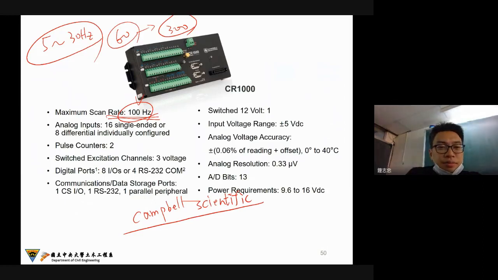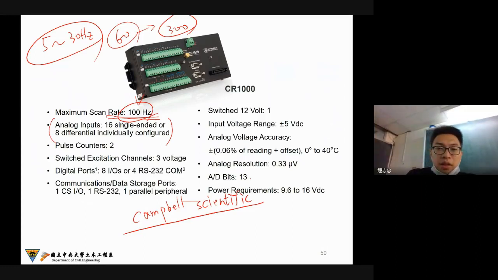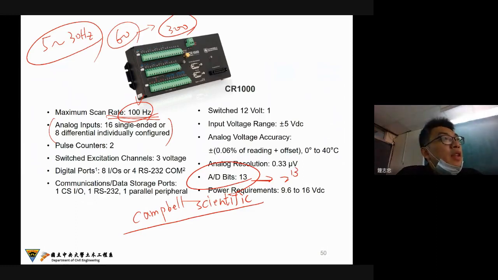However, they provide several channels. Okay, you can find here, this is a lot of channels for analog input. And also here you can find the resolution, 13-bit of the amplitude quantification.